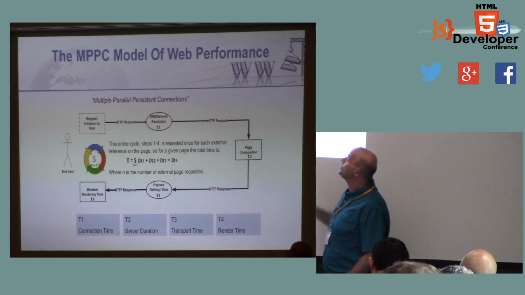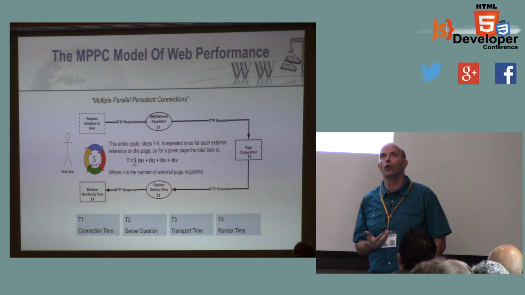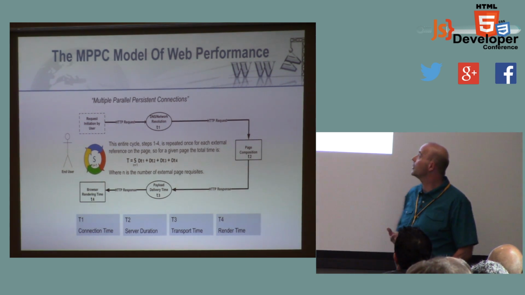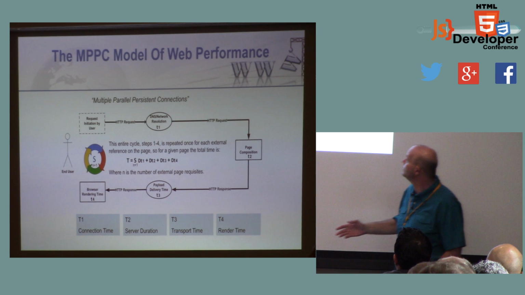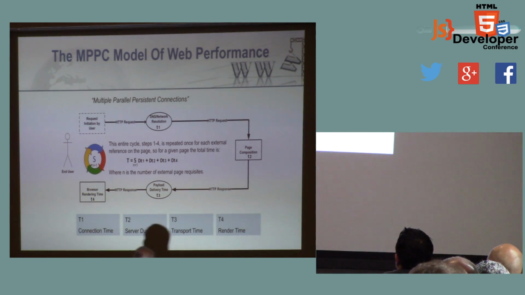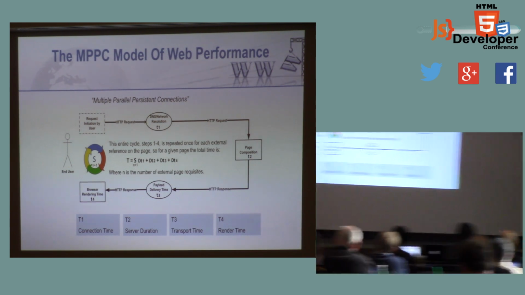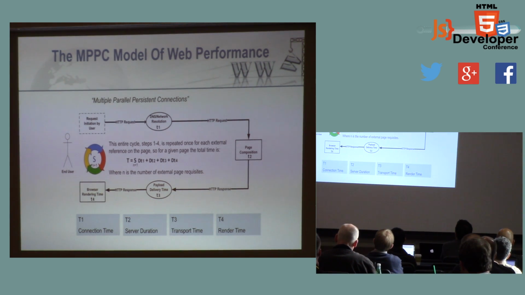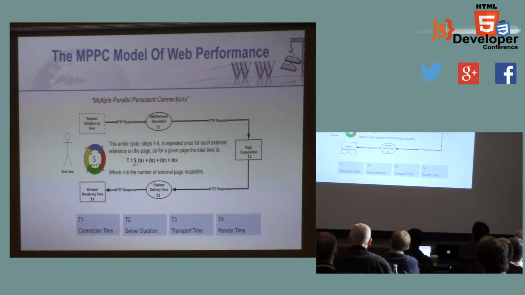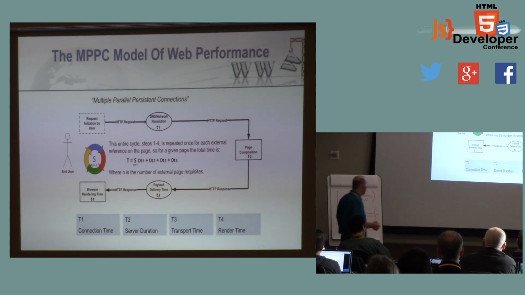So this is the slide. I've used this same slide to explain the MPPC model since 2009, and I don't think I've fundamentally changed it very much. I probably should at some point. I think it's actually in the book as well. So this is a request and a response cycle, and this is the whole thing, what we call the E to E, the end-to-end, and all the various steps. I divide the whole thing up into 4 time segments, and I call them T1, T2, T3, and T4. Not very exciting names.